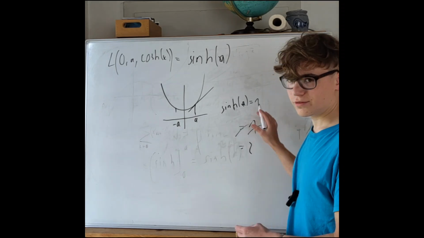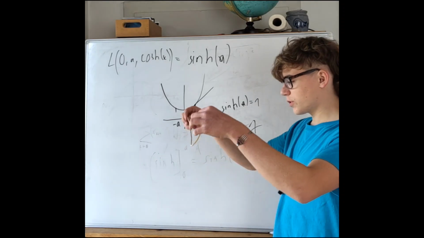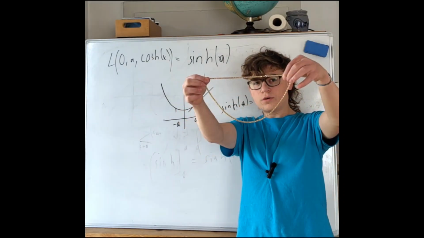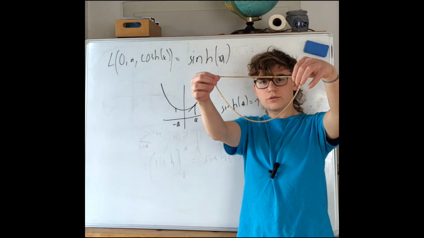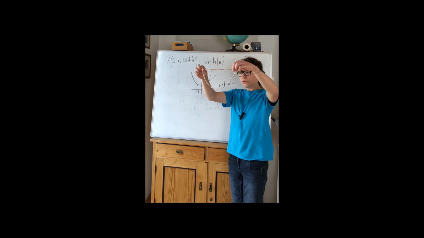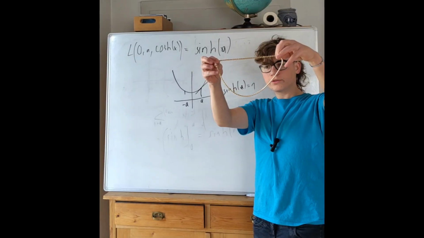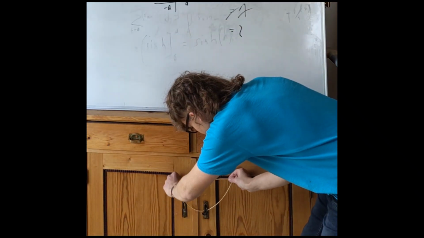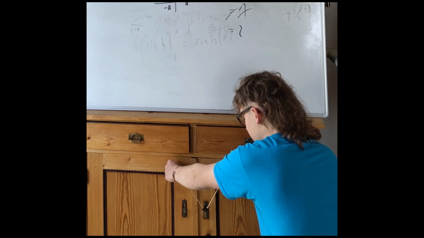Okay, so what we do is we take this, and then we try to get it as close to 45 degrees as we can. So this is approximately 45 degrees, and we could count up the parts that make the change. But we can also just do this and see that this is an equilateral triangle, right?